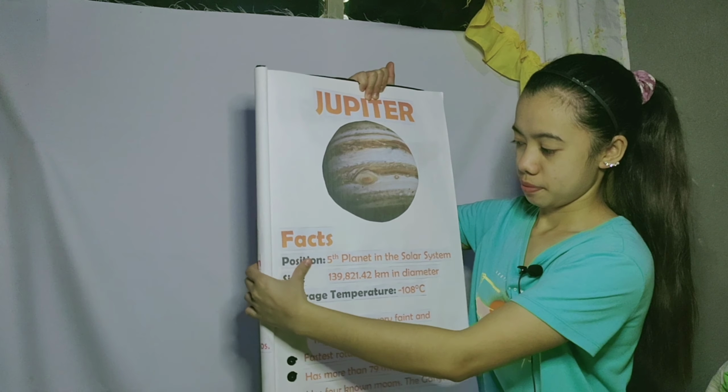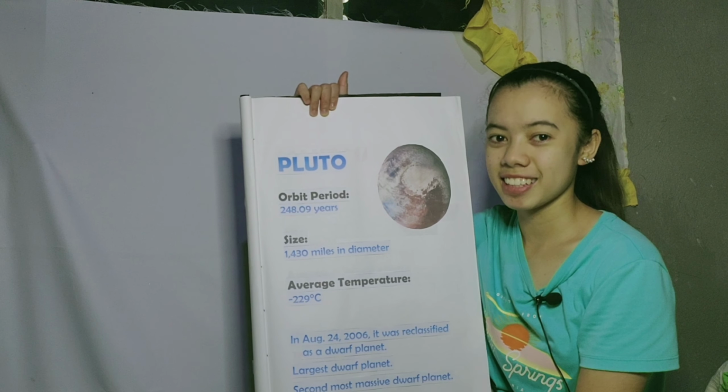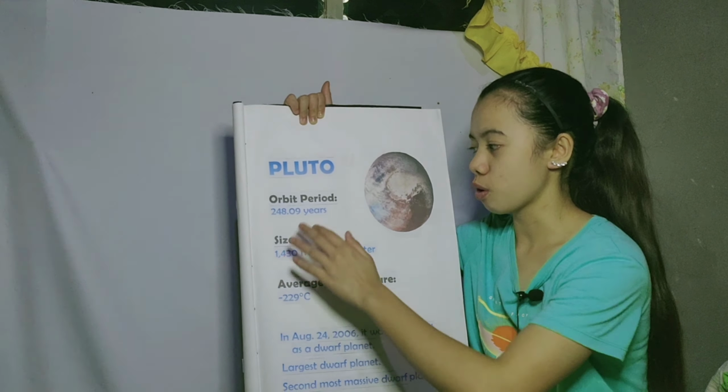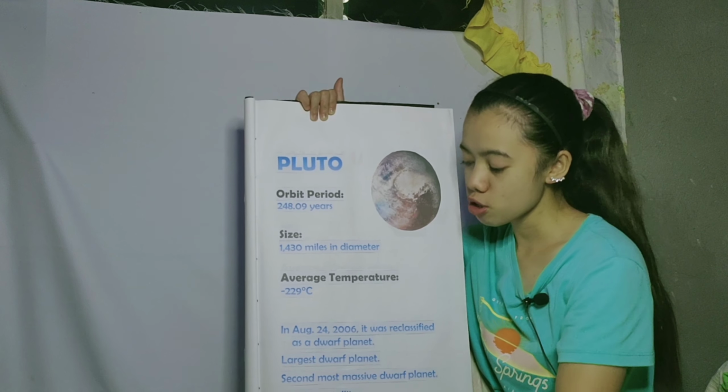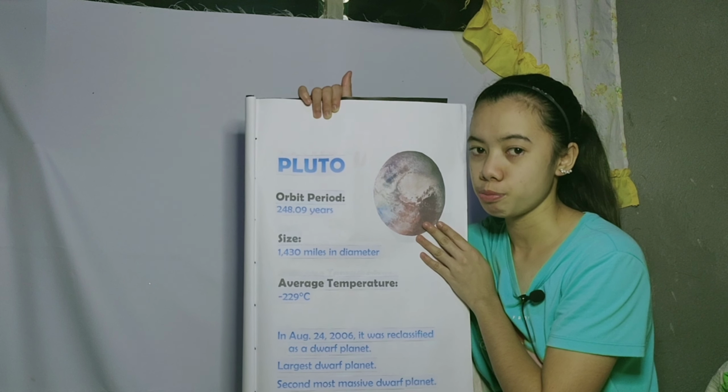So next we have Pluto, the once a planet, dwarf planet, right? So we have here Pluto, its orbit period, the size, average temperature, and other given facts for Pluto. And we also have here the image for Pluto.